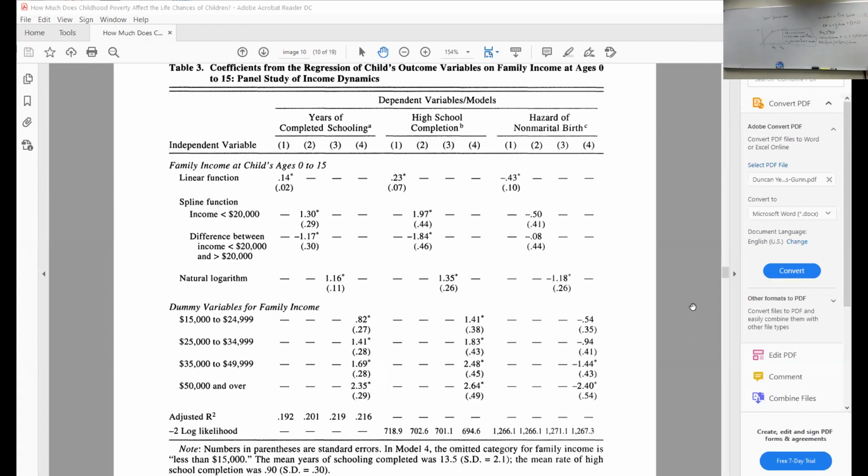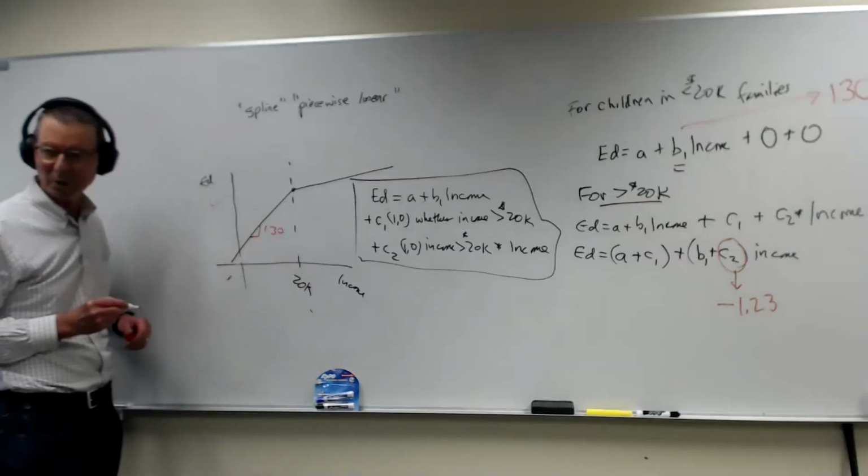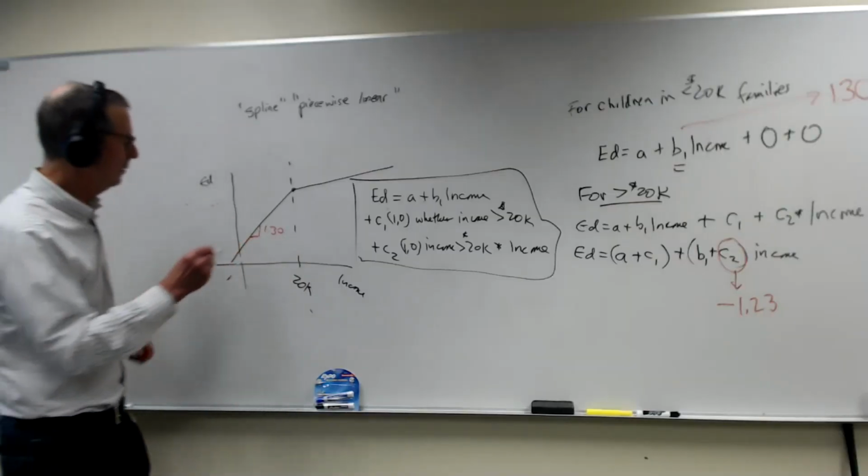And the way this is estimated, the second number is the difference between the under 20,000s and the over 20,000s. So the C2 is minus 1.23. Okay, so what does that mean? The slope here is 1.30 per $10,000 per year. And what's the slope here?